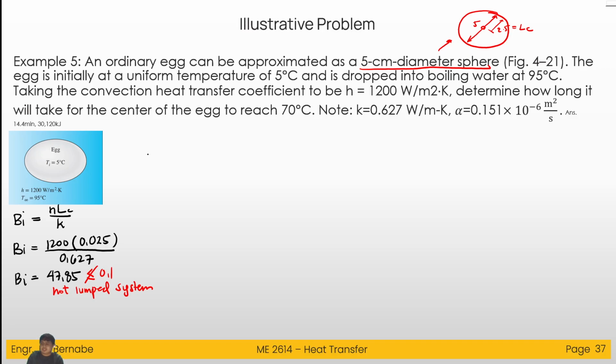Okay, so the next thing we have to do, which we never really do much the first time, is find the Fourier number, the tau, which is the thermal diffusivity times the time over Lc squared.